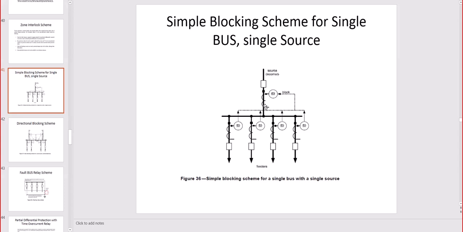We can do that, but pilot protection, as this one is called, works better for a larger system, especially if you have large bus bars and large distances between the relays.